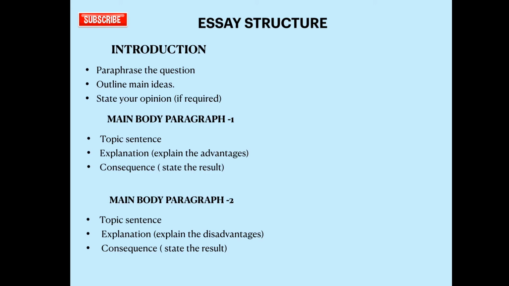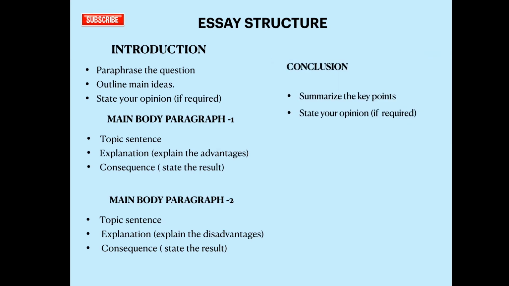In the same way, for main body paragraph 2, we have to express the topic sentence, the explanation of the disadvantages, and the consequence, stating the result with an example. And finally, the conclusion. The first sentence is to summarize the key points and then state your opinion.